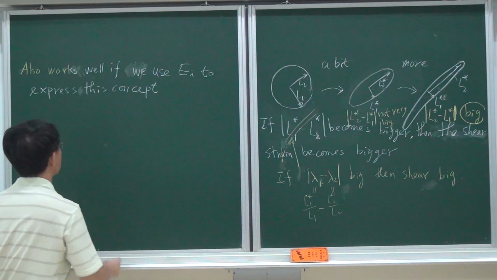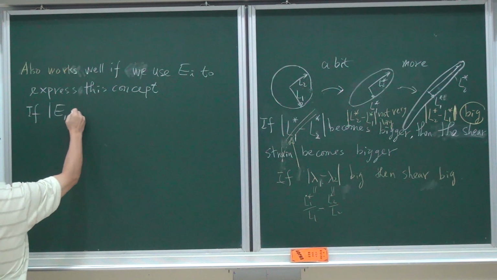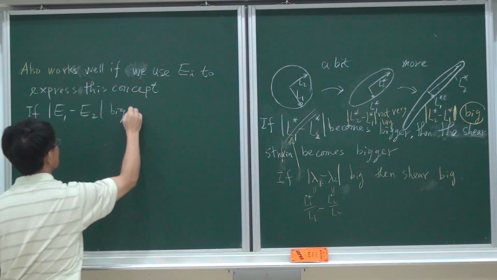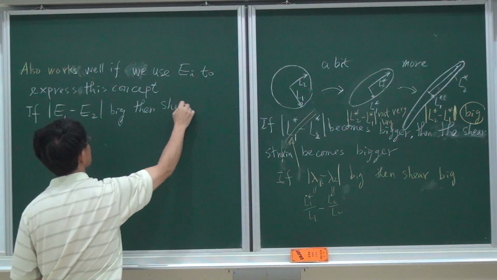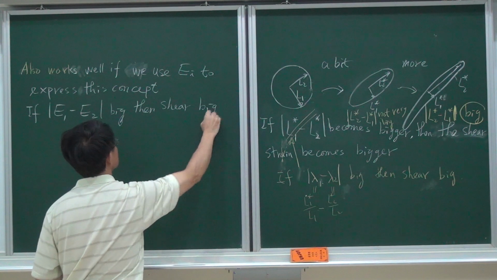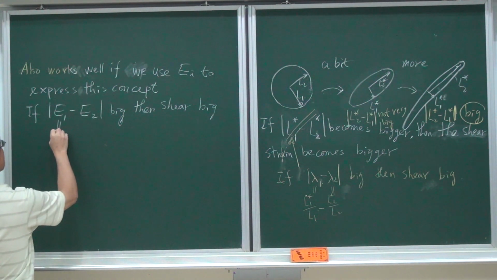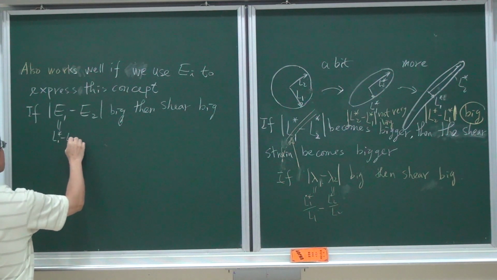We can also say that if E1 minus E2 is big, then shear is big, right? Because this one is just L1 star square minus L2, L1.